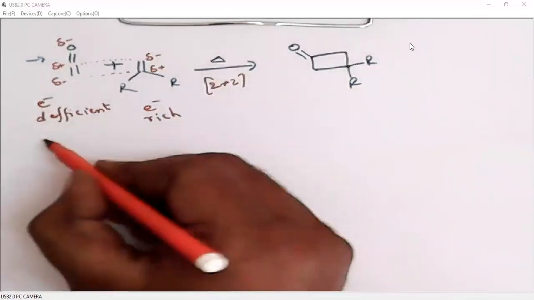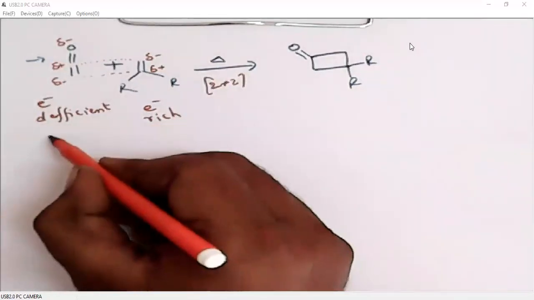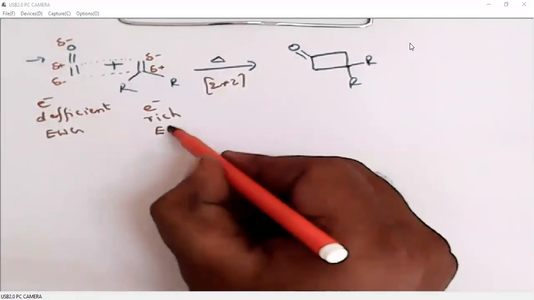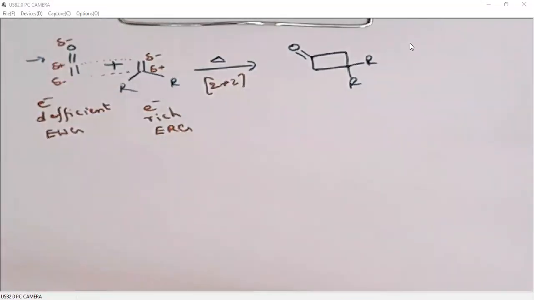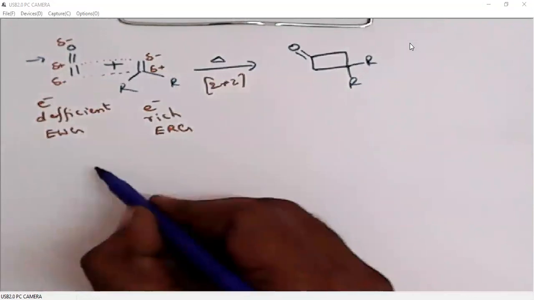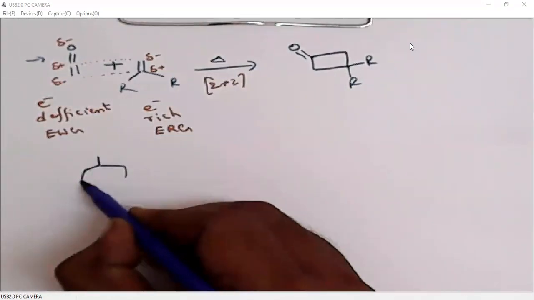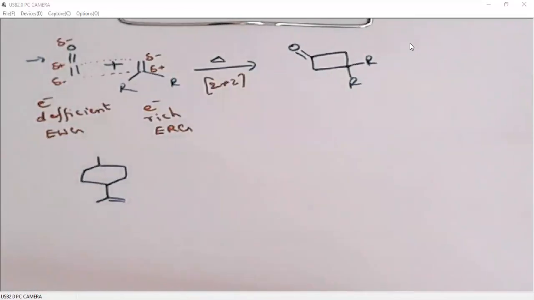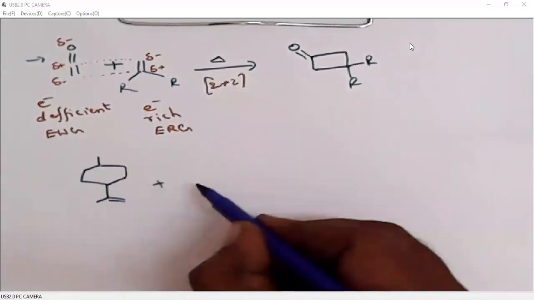I'll give you one more example, and you see how we can predict the position of substituents when we write the product.